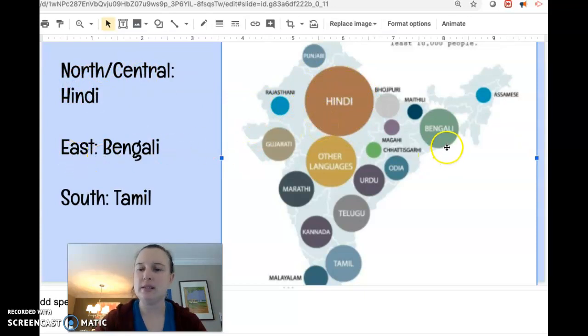Then in the east is Bengali. And in the south is Tamil. Now there's a lot of other languages I'm not covering, and that's because there's just so many. Well, actually, our next slide, we're going to learn how many languages are in India. But Hindi, Bengali, and Tamil are some of the more common ones.